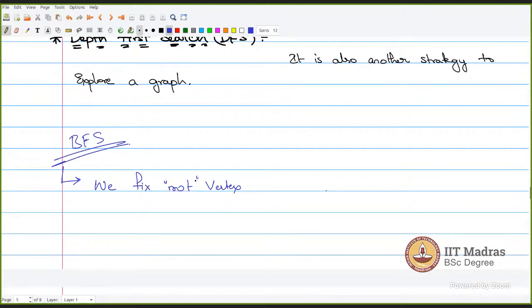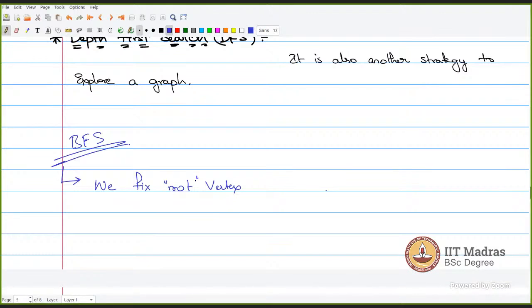So if you are given a big graph, you want to see how the graph is, and you want to look at the graph in detail: what all the edges are present in the graph, where one edge is connected to another, is there a path between two vertices. You want to explore this graph. So in order to explore, you should start from one vertex.